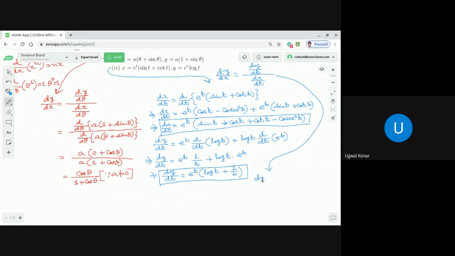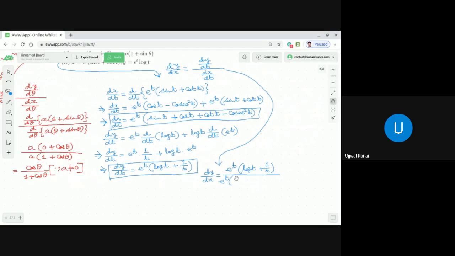So from here we get dy/dx is equal to dy/dt, that is e^t into (log t plus 1/t), divided by e^t into (sin t plus cos t) plus cot t minus cosec square t. Correct or not?